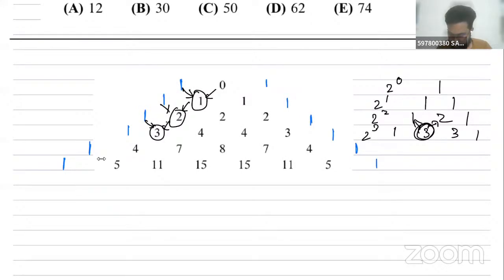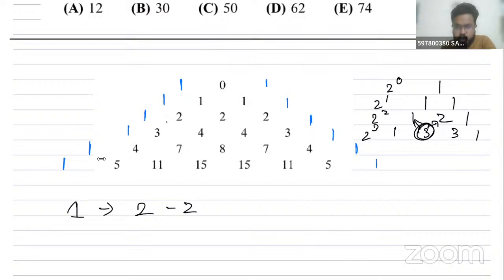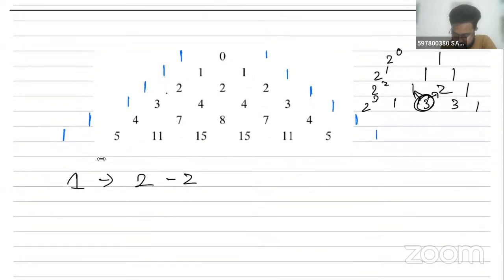Now we can directly use the property that each layer sums to a power of 2. So our layer 1 is 2 minus 2, because we need to remove the ghost numbers that I have kept over there. In layer 2, these same 2 are multiplying. So this 1 is becoming 1 1 over here, and this other one is becoming 1 1 over here. So I have 4, and then I'll remove my ghost numbers.